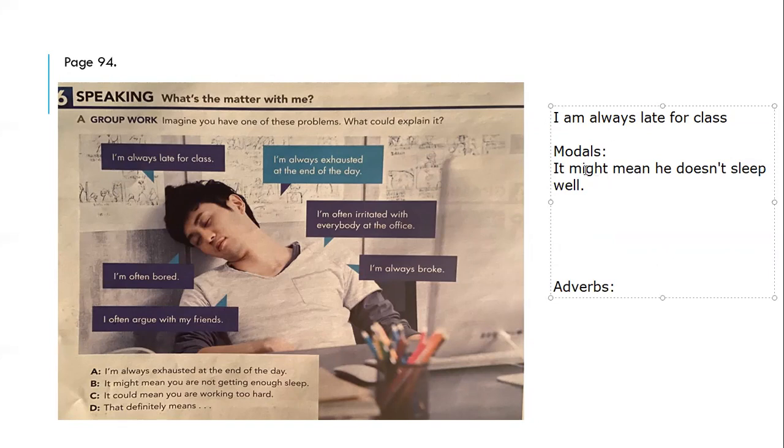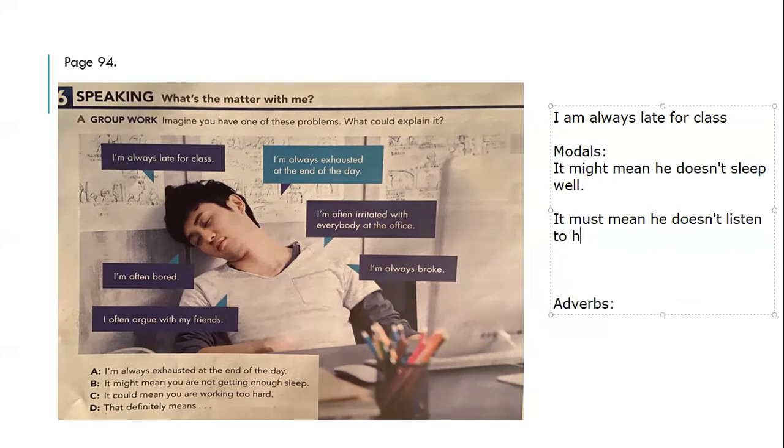This is a slight possibility, "might." Now we're going to use an explanation with a strong possibility. It must mean he doesn't listen to his alarm. I don't know, that's my example.